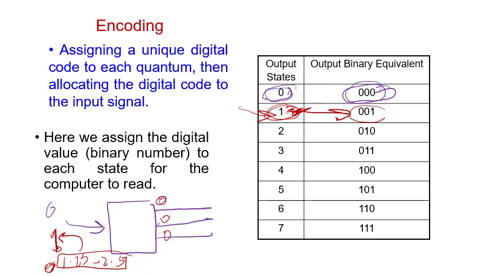So whenever we have this input, on the output we are going to get 0, 0, 1. If we get the following value, 2.5, which is set number 2, on the output you are going to get 0, 1, 0, and so on. That's how we do the encoding.